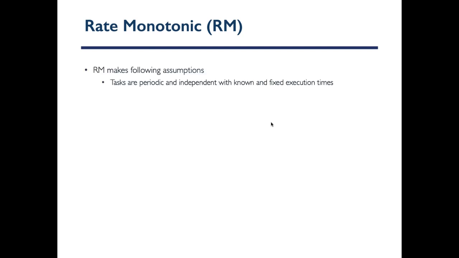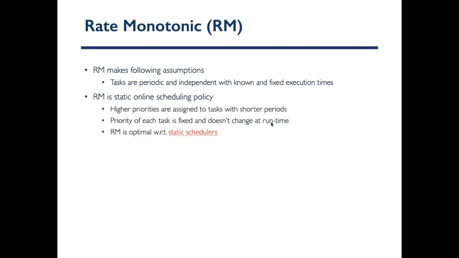Now, let's talk about real-time scheduling policies. We start with a static one; if you remember, rate-monotonic was an example of a static scheduler. We're going to make some assumptions. For now, we focus on tasks that are periodic and independent, and we know their worst-case execution time upfront. So all is known. Now, how do we schedule?